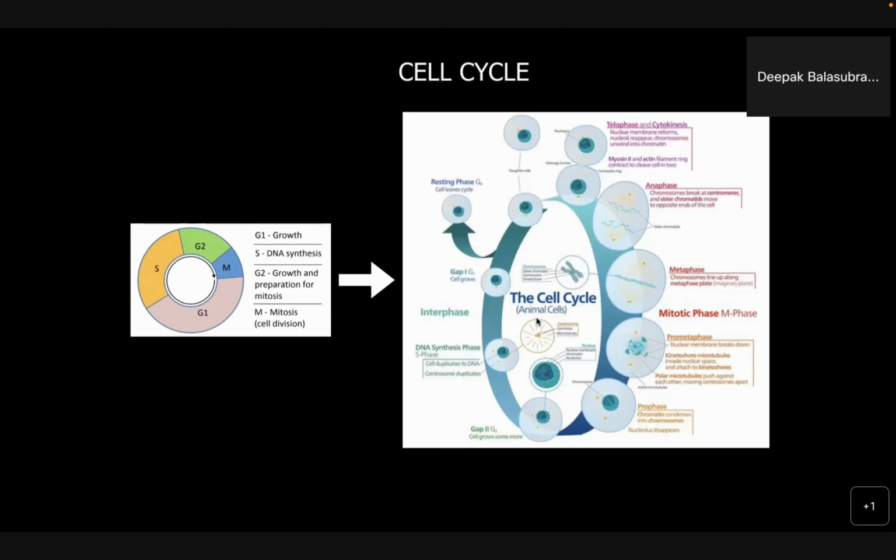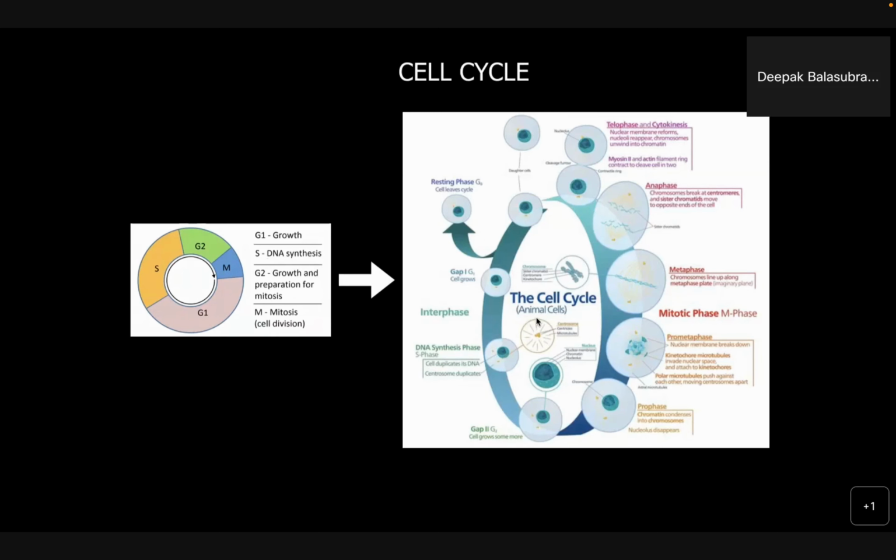Now you have to understand the cell cycle very clearly. Basically, the cell cycle has four different stages, and all of you know it's the G1, S, G2, and M phase. The G1 phase is the growth phase for the cell. The S phase is where DNA synthesis occurs. The G2 phase is the growth phase and the precursor for mitosis.